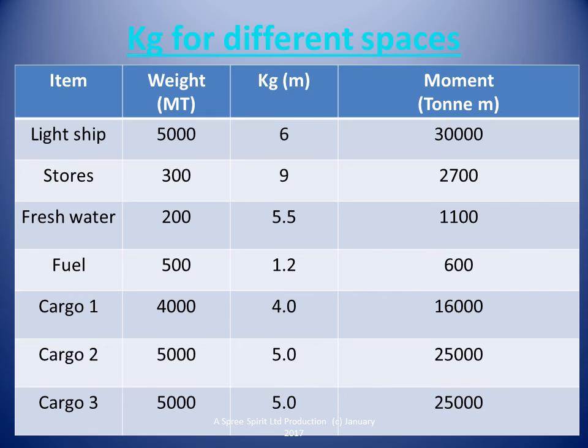Cargo space 1 has 4,000 metric tons multiplied by KG equals 4.0 meters, giving a moment of 16,000 ton-meters. Cargo space 2 has 5,000 metric tons multiplied by KG equals 5.0 meters, giving a moment of 25,000 ton-meters. Cargo space 3 equals 5,000 metric tons multiplied by KG equals 5.0 meters, giving a moment of 25,000 ton-meters.